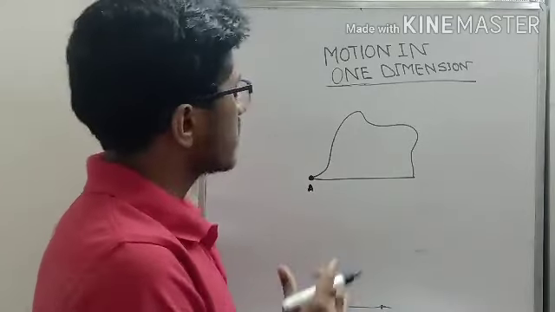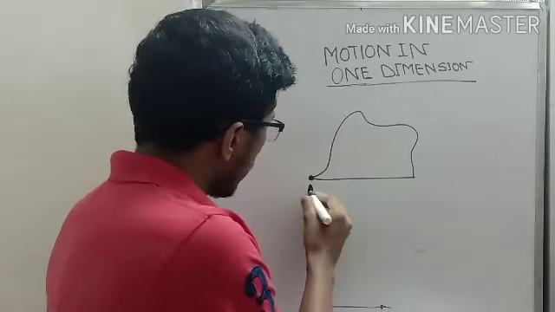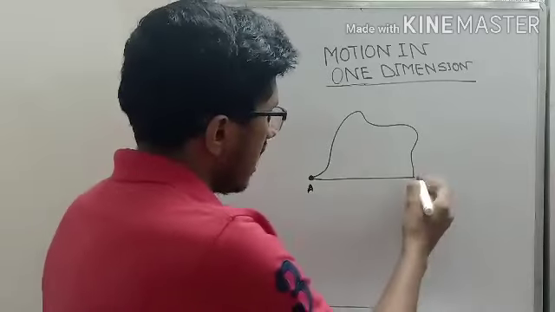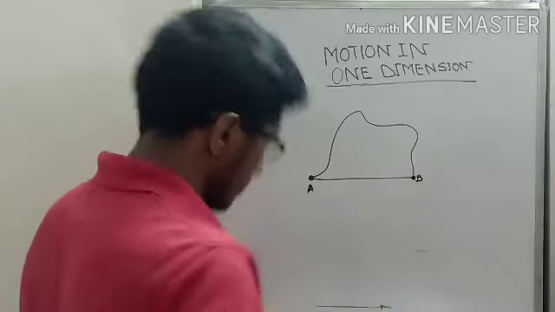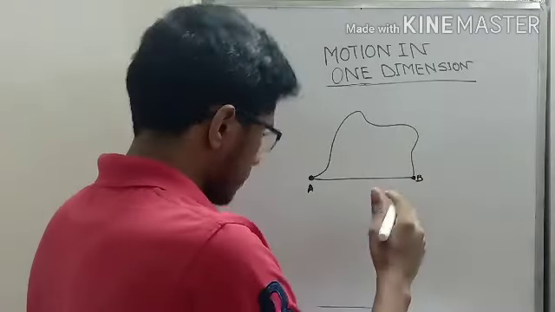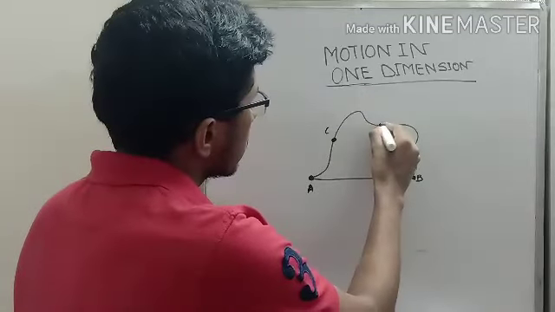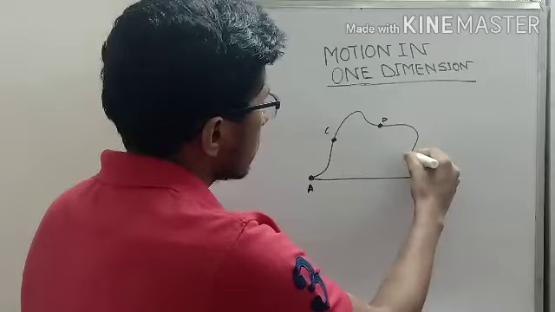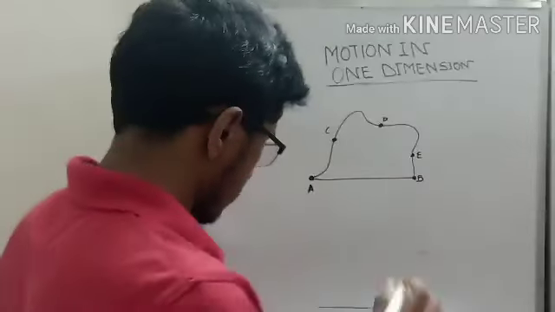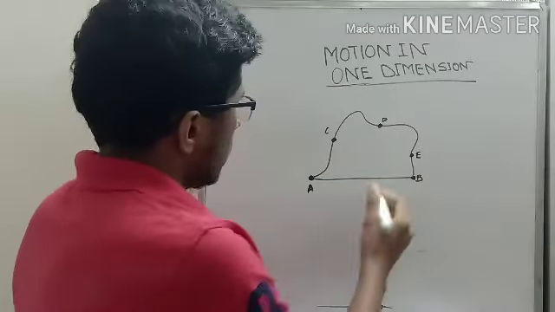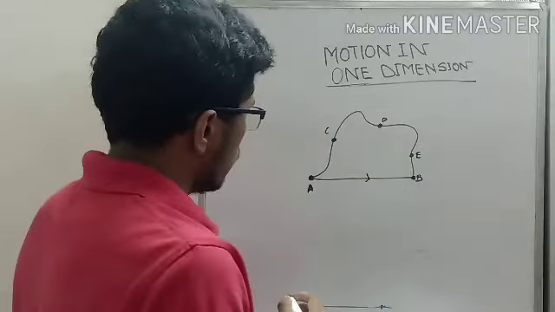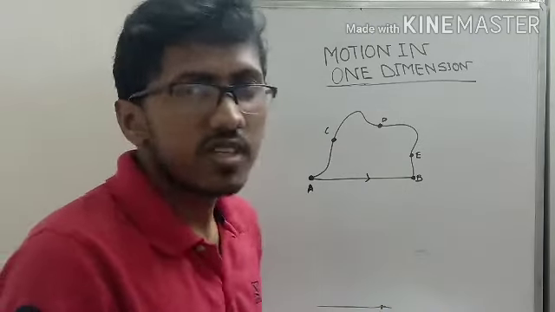Now see the figure. Let this point be A and this be B, and these C, D, E. Now you have to say what is distance and what is displacement.